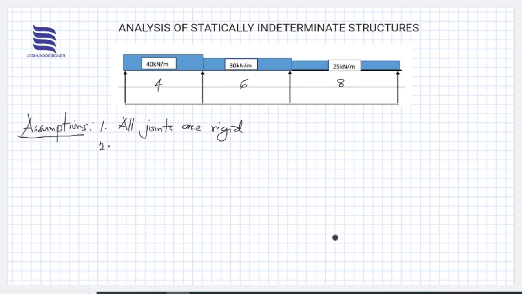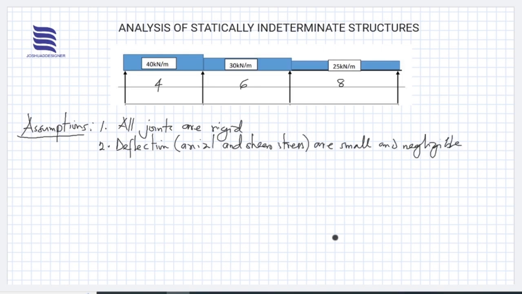So deflection due to the axial and shear stresses is small, and thereby you can neglect it. These two assumptions are enough for us to proceed to analyze our beams.